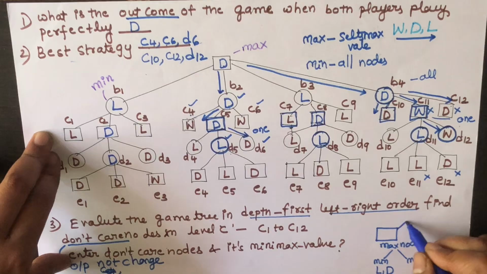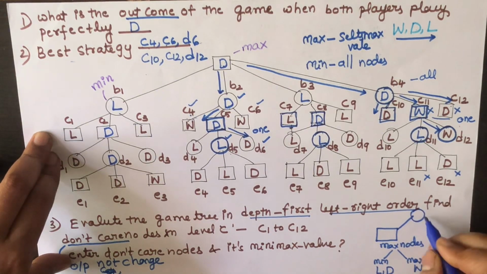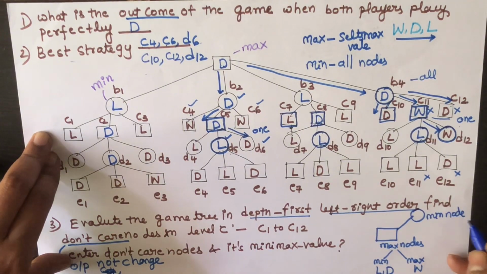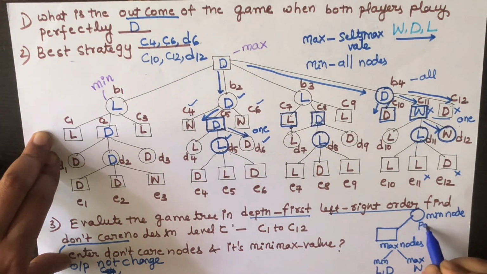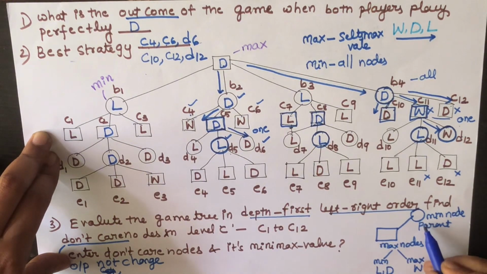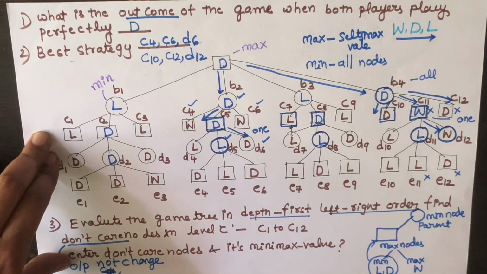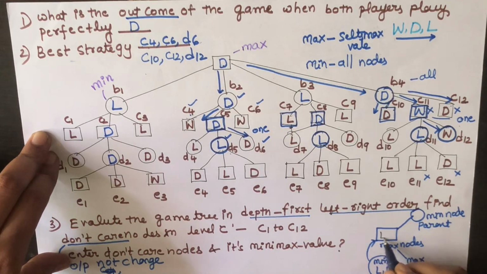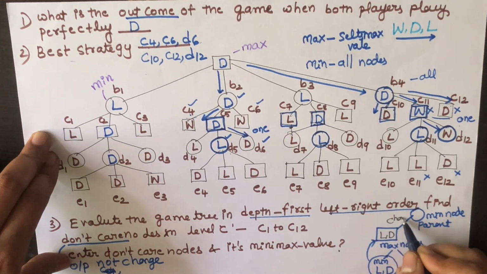If these max nodes are connected to A, its parent is a minimum node. If the max node has minimum values, that is L or D. Minimum values only change the output.